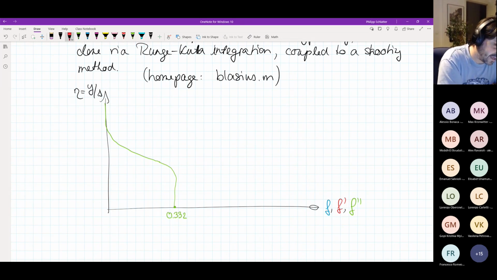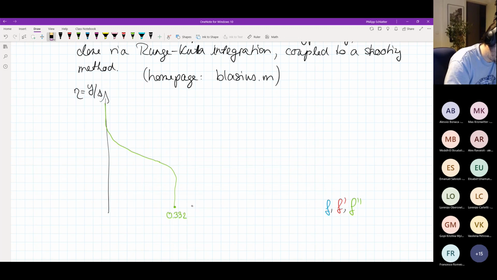The u velocity, f prime, looks something like this. Of course, the scale is a little bit off, I should make it better. So this value is maybe like this.